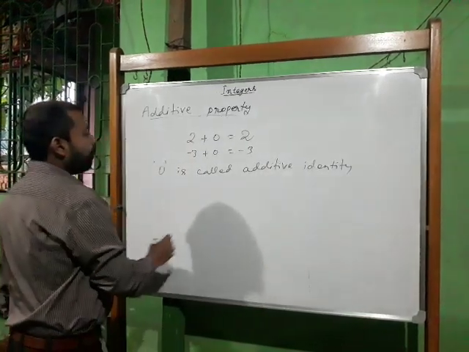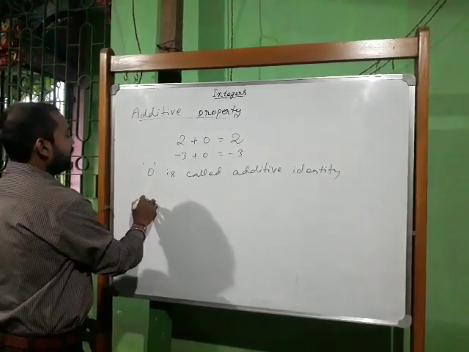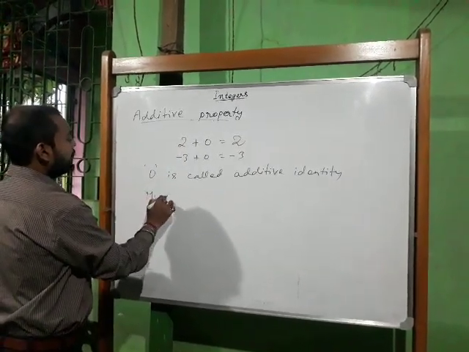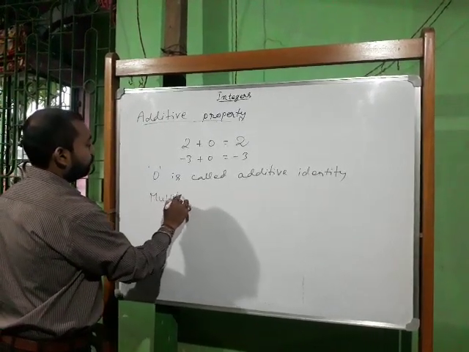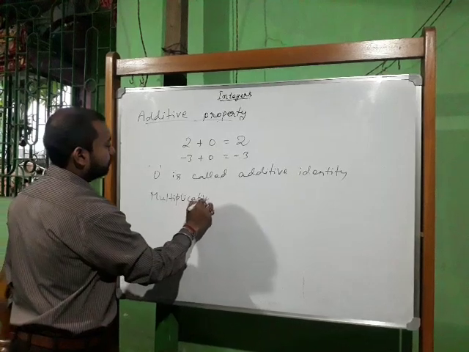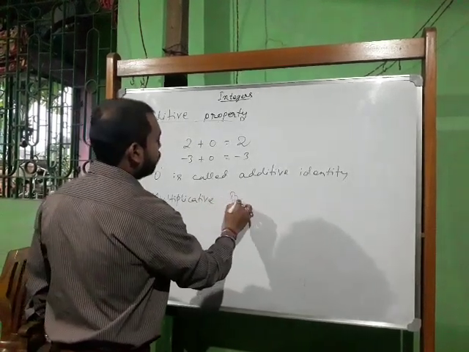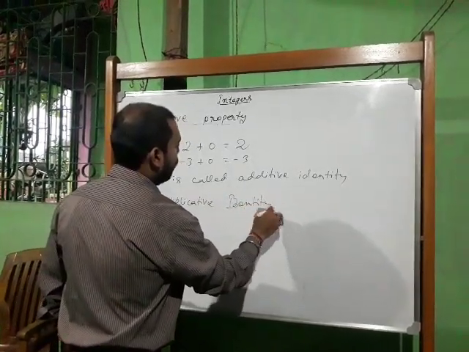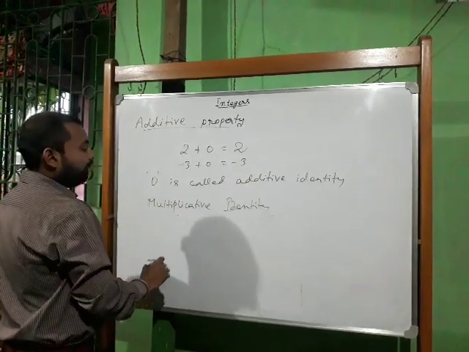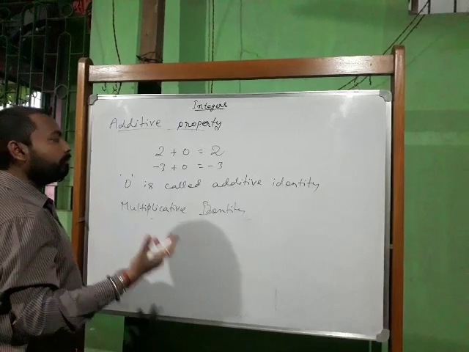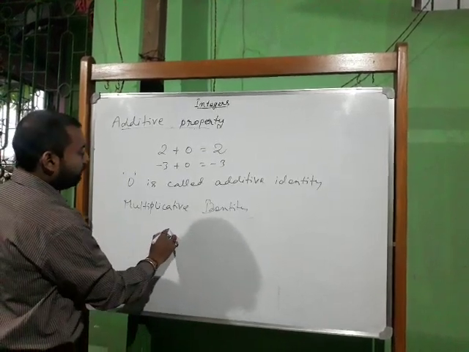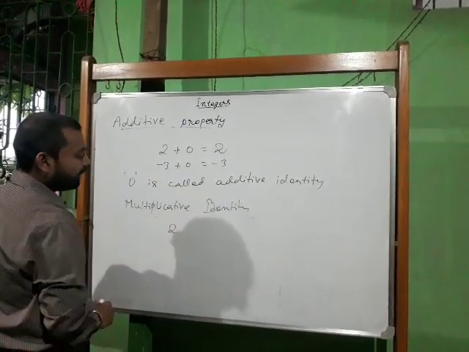Similarly, there is one more property. It is called the multiplicative property. We can say it is the multiplicative identity. Why? If we multiply 1 with any integer, the value remains the same. For example, 2 is an integer.